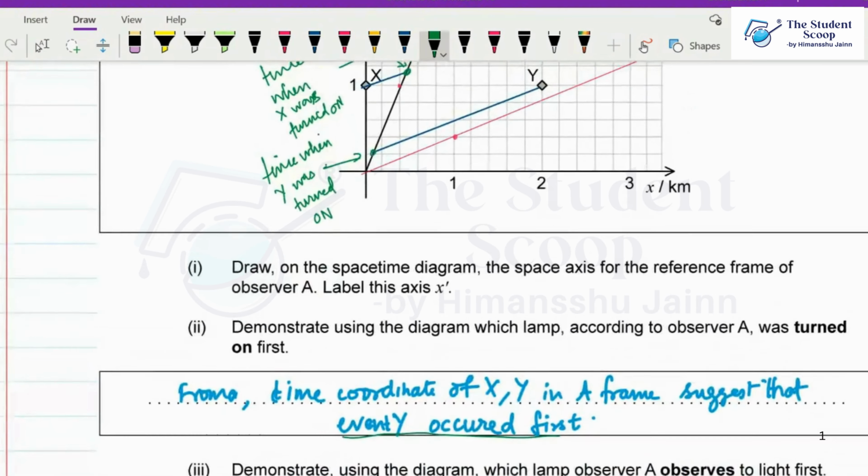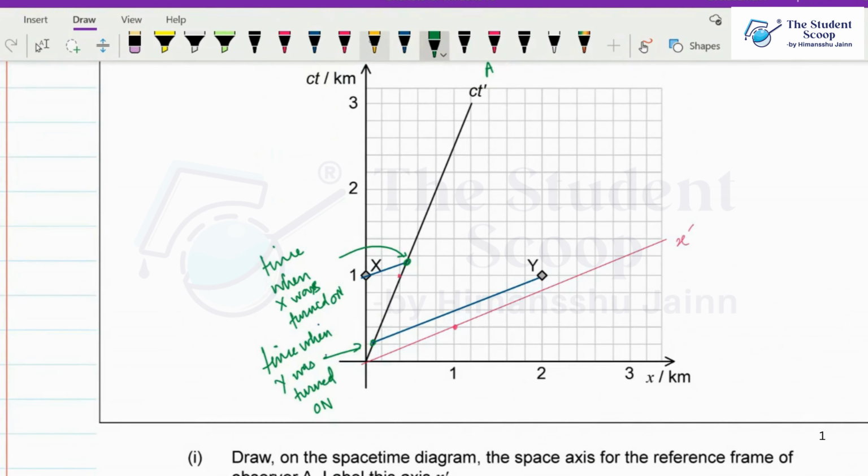So when we talk about light being observed, we always refer to a world line of the light. So the world line of the light will always be at 45 degrees with respect to axes. So 45 degrees, I will draw a world line from a photon emitted from lamp Y and where it intersects with our axis.